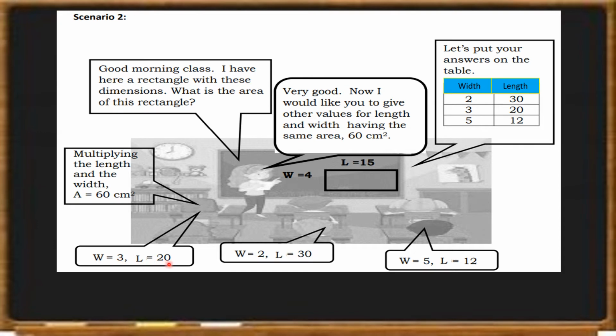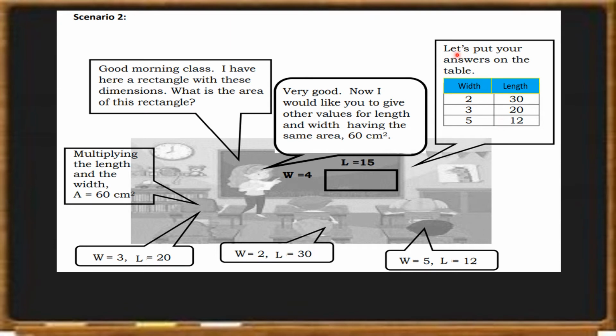If you multiply, this is 60. Another student, width 2 centimeters, length 30 centimeters. 2 times 30 is 60. Another student's width is 5, length is 12. 5 times 12 is 60.